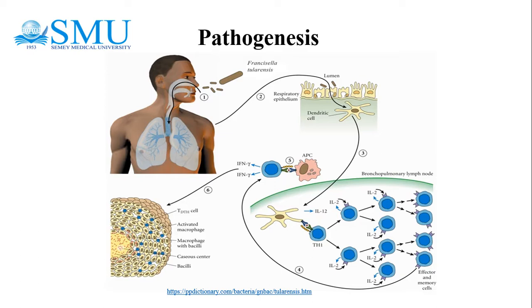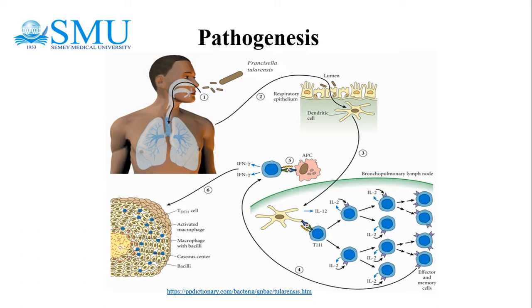The T helper 1 cells proliferate. They may return to the site of initial infection. Restimulation by local antigen presenting cells results in interferon gamma production and macrophage activation. And the failure to clear Francisella tularensis results in granuloma formation.